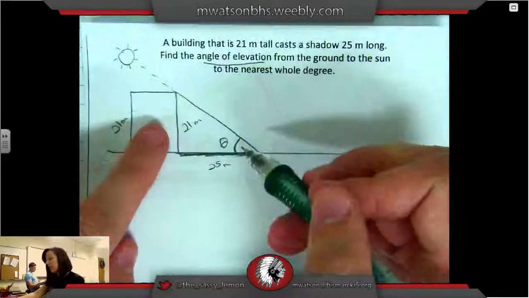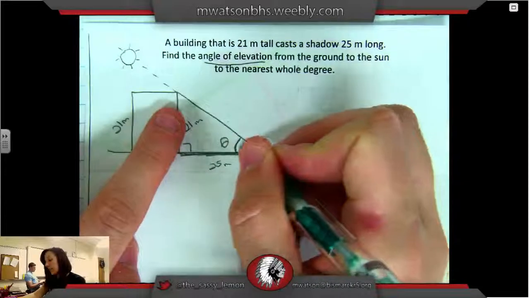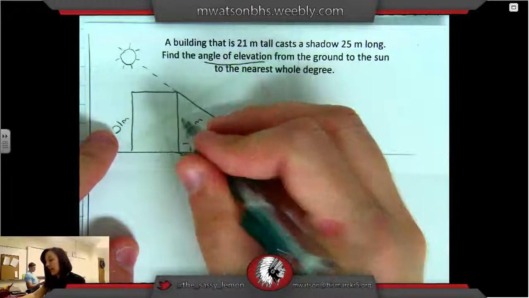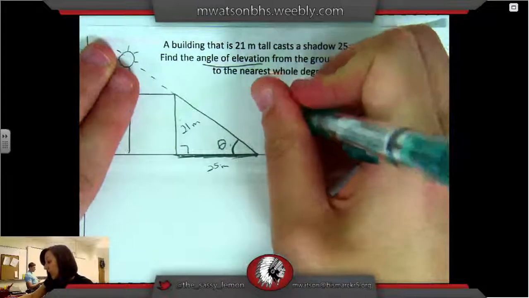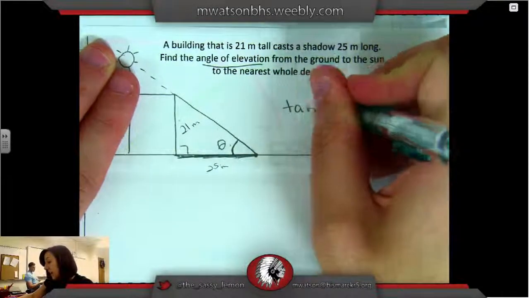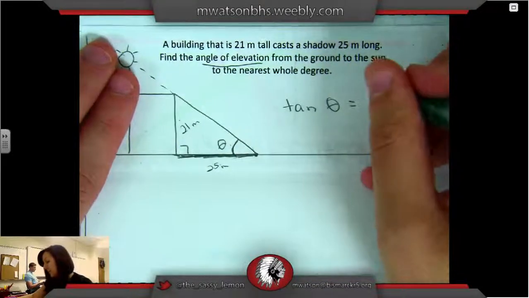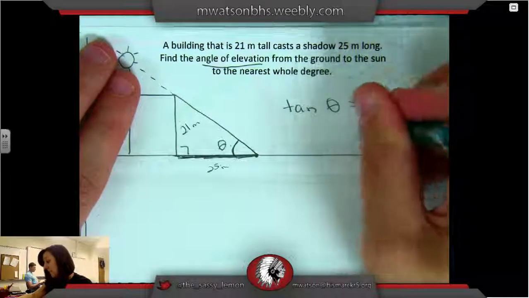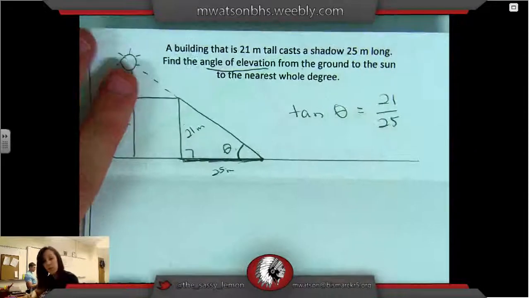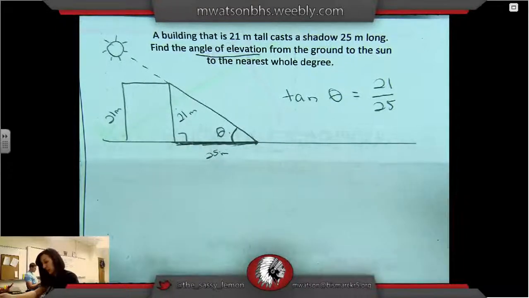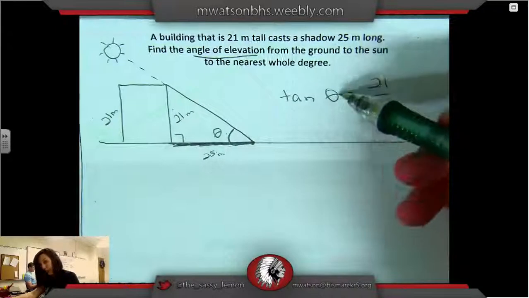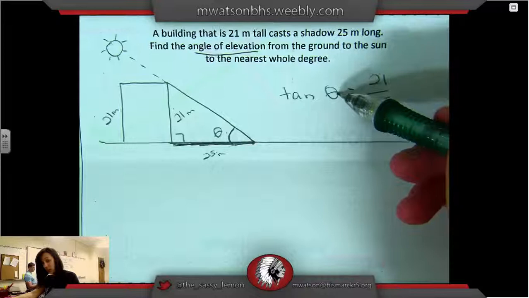We just learned in the last example how to solve a triangle. It looks like we have a triangle with two legs. We're given the opposite side and the adjacent side. So here, our equation is going to be tangent of theta equals 21 over 25. And then from there, we just simply solve it. Now, keep in mind if we need to find theta, we have to get rid of tangent.